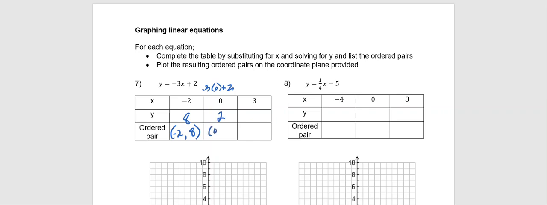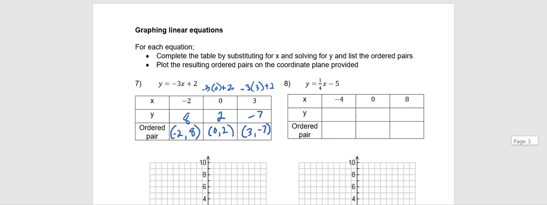As my ordered pair, I have 0, 2. One more time, we're going to substitute +3 in. So if we wanted to see the work, it would be the -3 based on the equation times the +3 given for x. That's -9. Once I add 2, I get -7. So one more ordered pair, 3, -7.